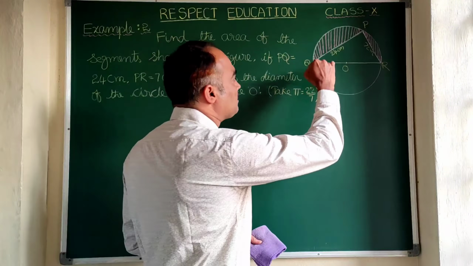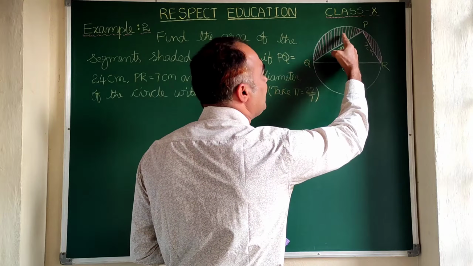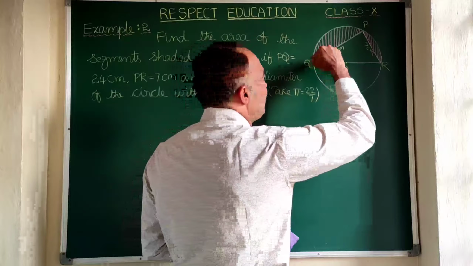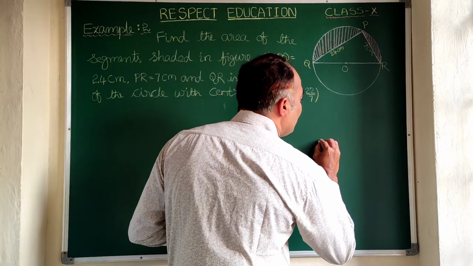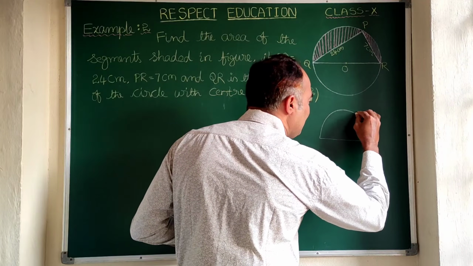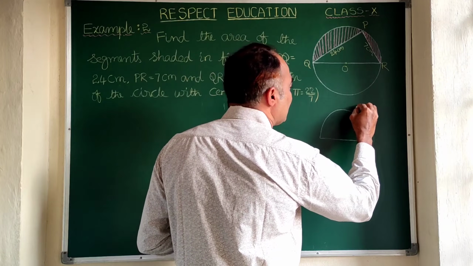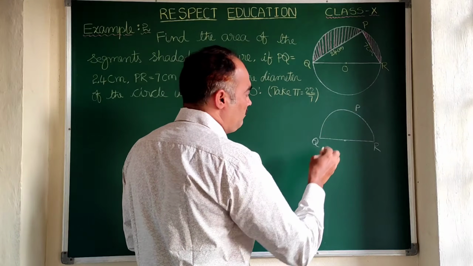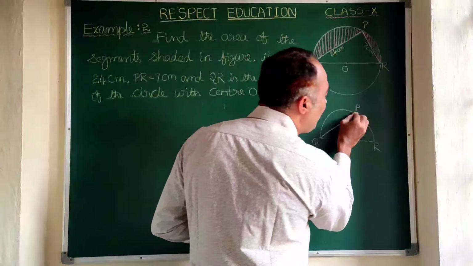Here let us observe the given figure, as we need to find the area of the shaded segments. You observe carefully. To get the shaded part, what we need to do? We have to find the area of the semicircle, that is, we can say, here P, Q and R. From this we need to subtract the area of the triangle PQR.